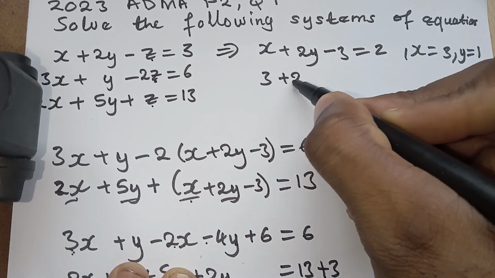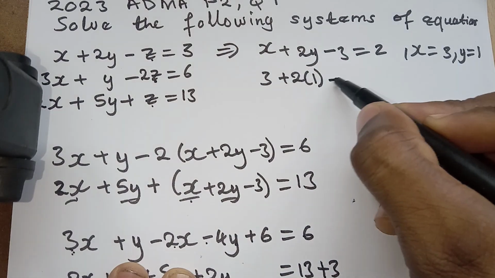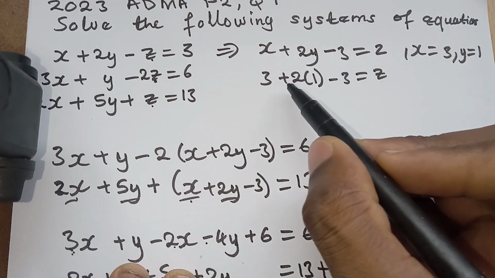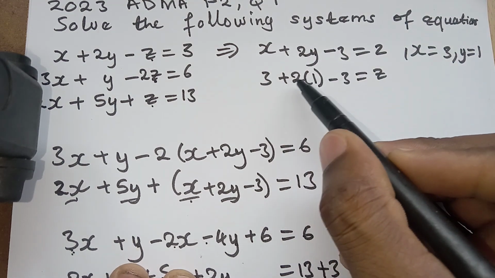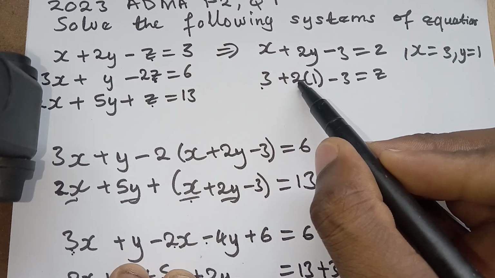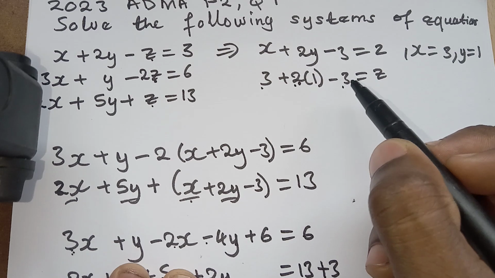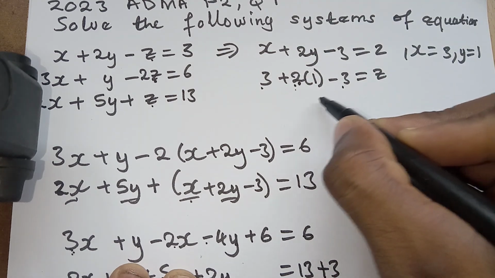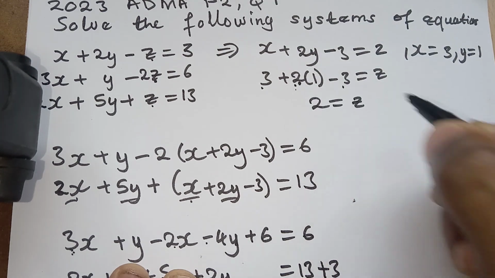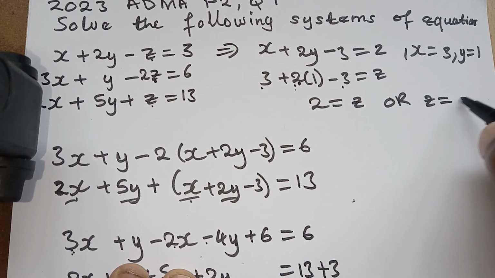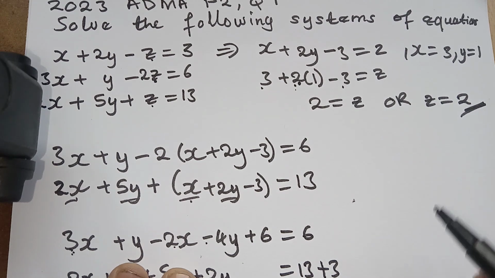Where we have a y, let's put our 1. And then minus 3 is equal to z. So this is just a 2. So 3 plus 2 is 5. 5 plus minus 3 is 2. So that means 2 is equal to z, or z is equal to 2, and you are done.